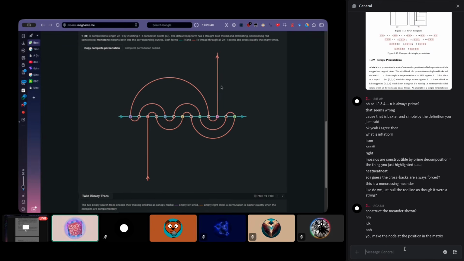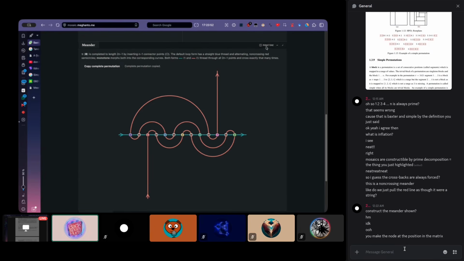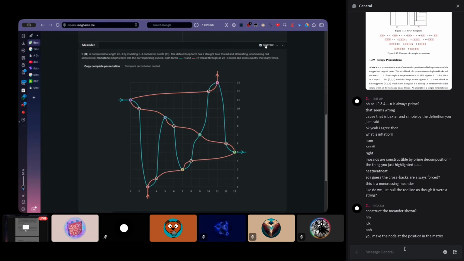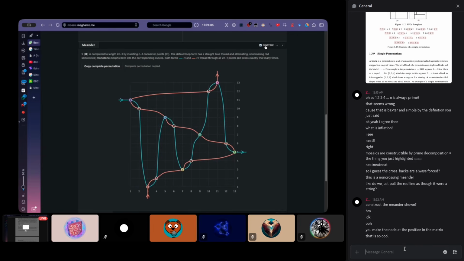I make the node the position in the matrix. And the transformation kind of looks pretty beautiful. I know, right? I was playing with this for more than I would like to admit. But this is how you do it.